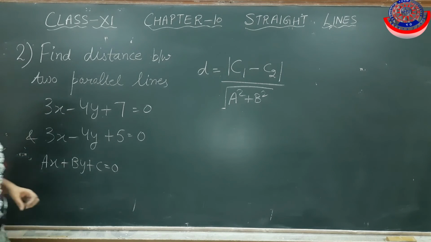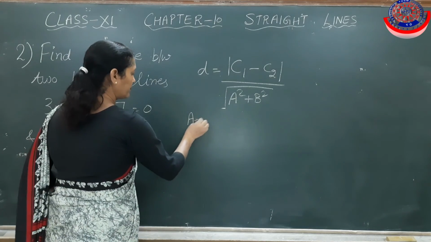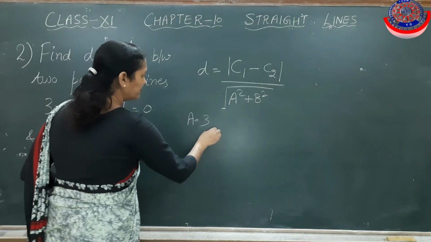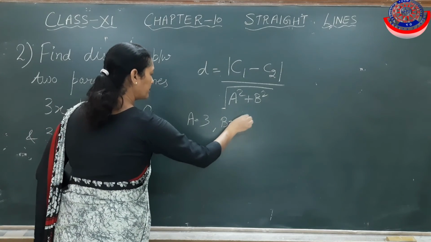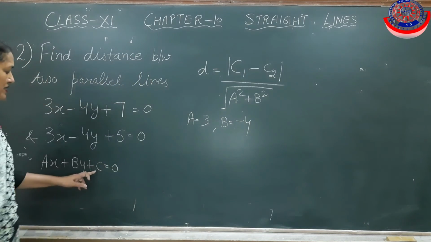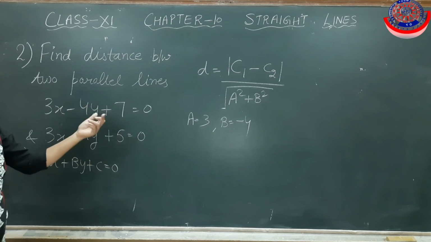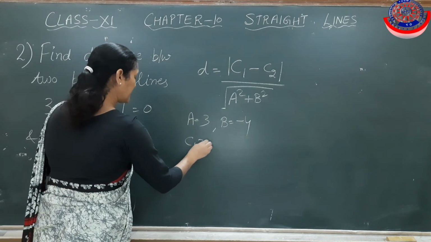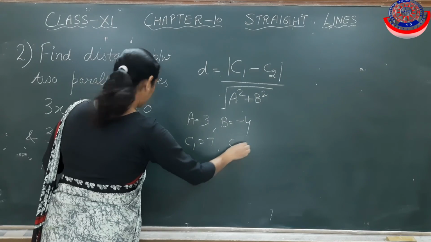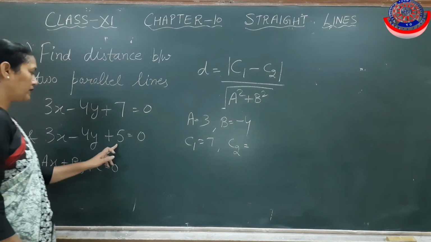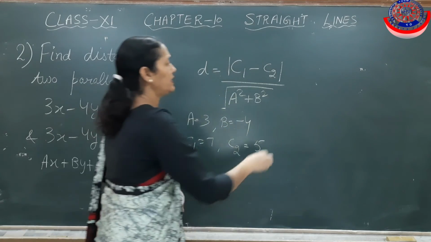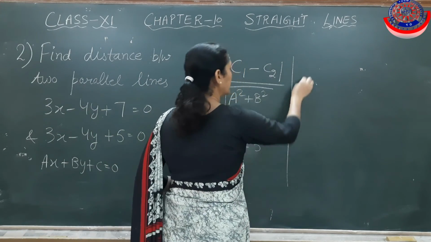A is 3, b is -4. Now C is different. C1 is 7 and C2 is 5. Simply put the values in the formula and get the answer.